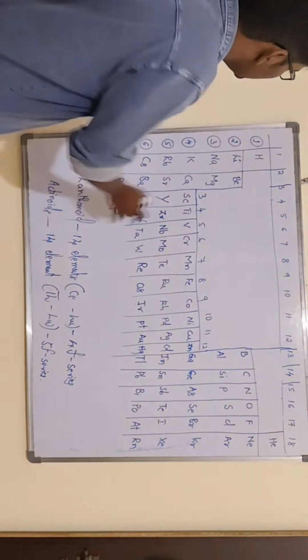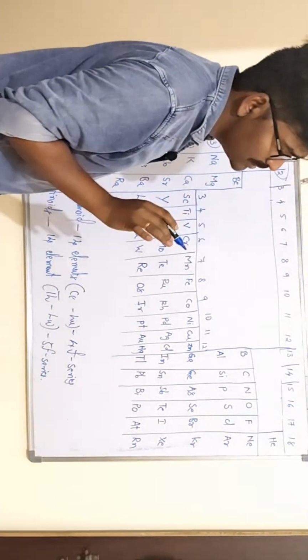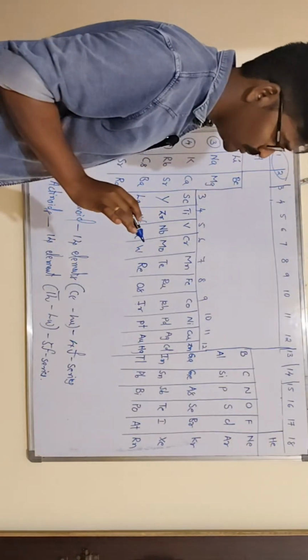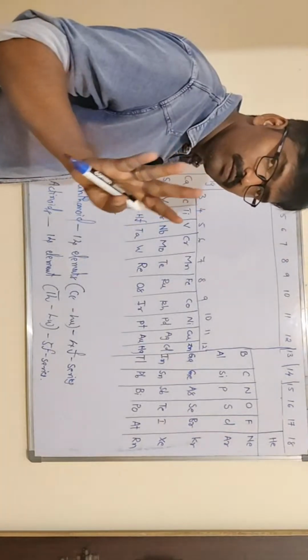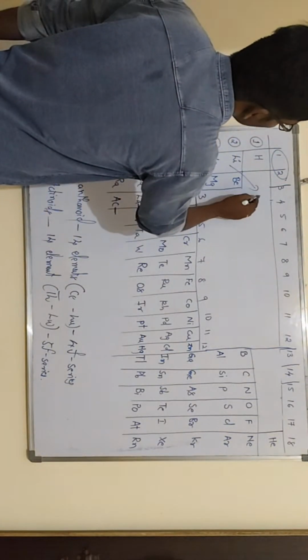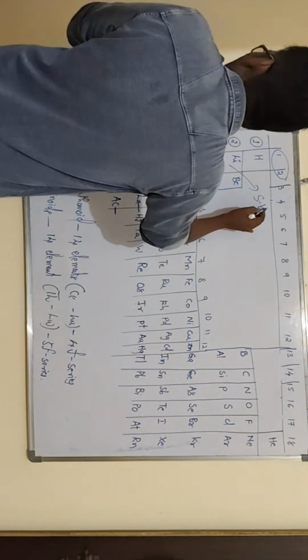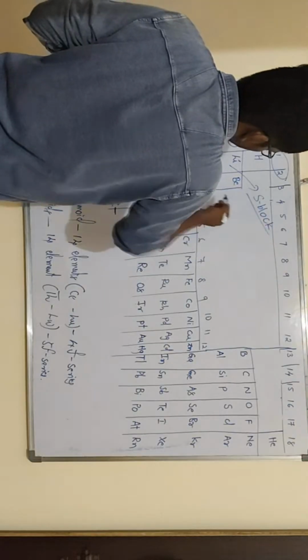Remember the first 2 groups of elements. Based on the classification in the modern periodic table, all these elements are classified into 4 blocks. These 2 groups are s block elements.